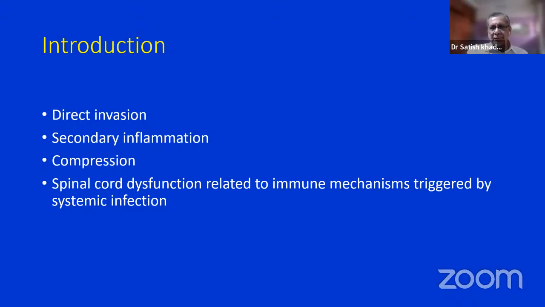Compression is third, and I really don't know about the fourth. Also, I think invasion and inflammation are together in each case. So it's a sort of consequence of the invasion, but sometimes it grows out of proportion.